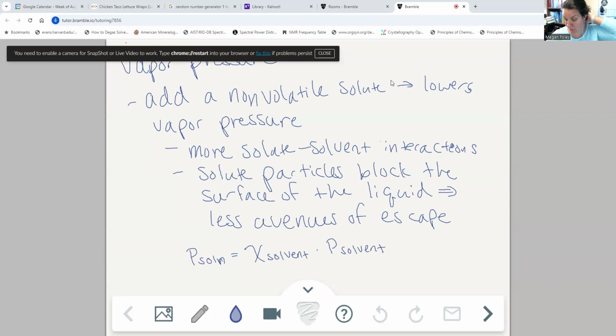So at a mole fraction of 1, which means we have all solvent, our solution and solvent would be the same, right? Because it's not actually a solution. But as we decrease this number, we're going to decrease this number.